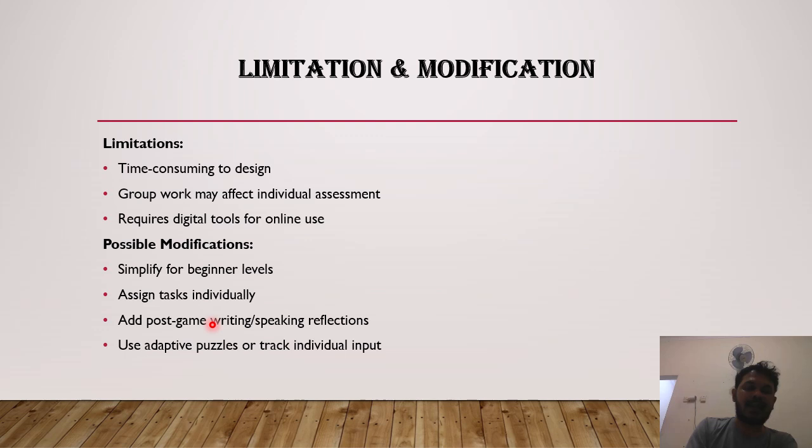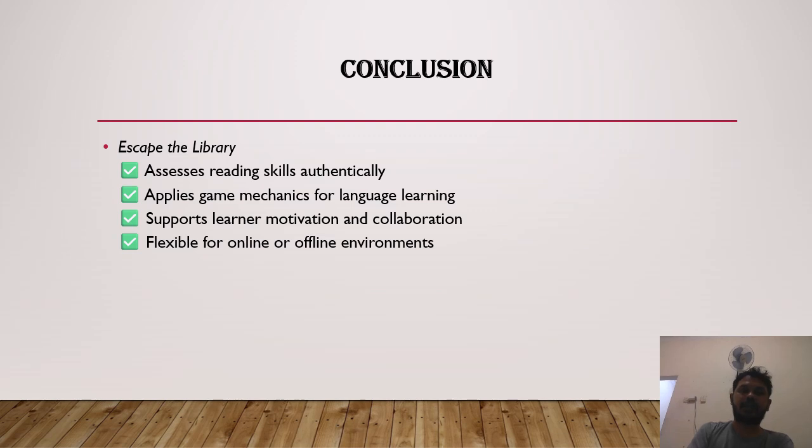For individual assessment, have learners complete puzzles solo or submit a short written justification for their answers. Then a post-game writing or speaking reflection. And the last, use adaptive puzzles or track individual input. This is the limitation and the modification.